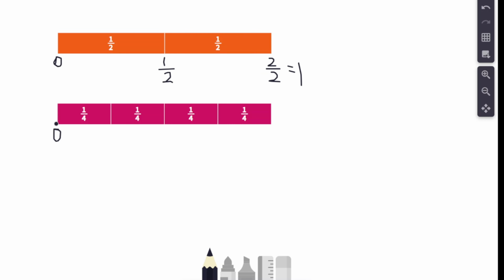If this is 0, we count from the start of this 1/4 until the end of this 1/4. We will have 1/4. And then we have another 1/4. So from the start until the other end of this 1/4, we have a total of 2/4, right?